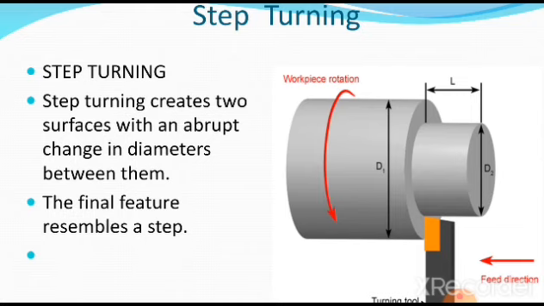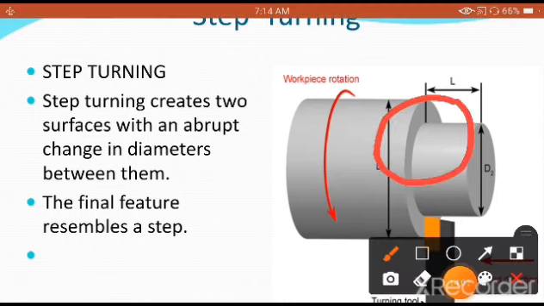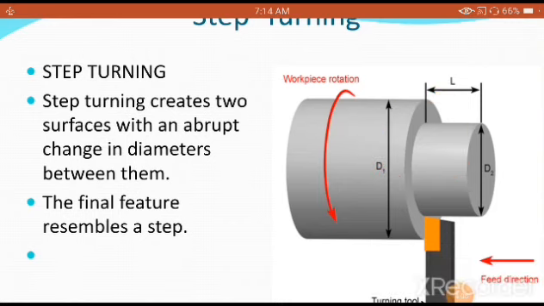We go stepwise, but finally we produce the step, which you are going to see on the screen here. This is the step I have just explained. The final feature after the machining operation is the step surface.